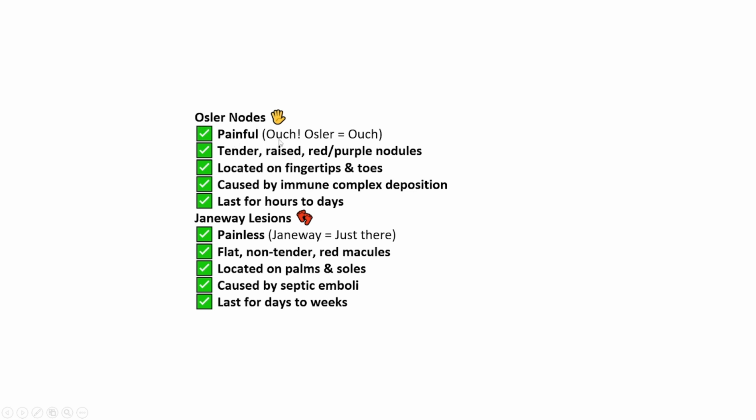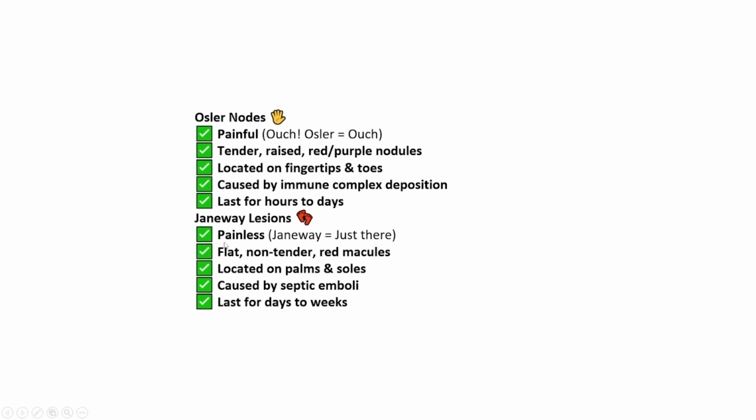So I made a quick comparison between Osler nodes and Janeway lesions. Osler are painful. Osler, ouch, yeah. They are raised red-purple nodules located on the fingertips and toes. They are caused by immune complex deposition and last for hours to days.